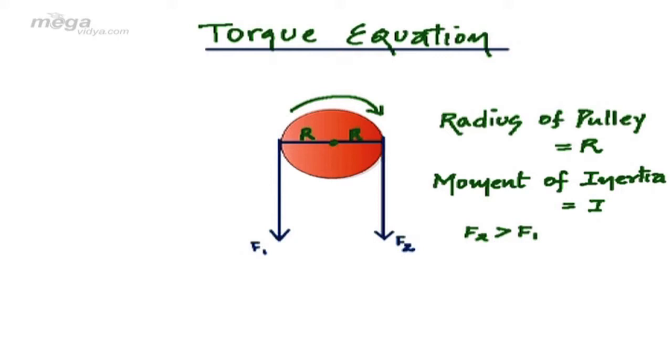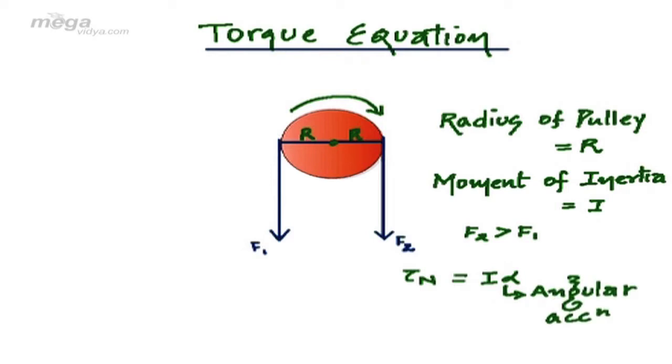Basically, using the second law of rotational motion, we can say net torque acting on the system should be equal to I alpha, where alpha is angular acceleration.